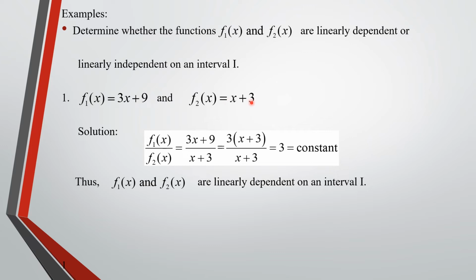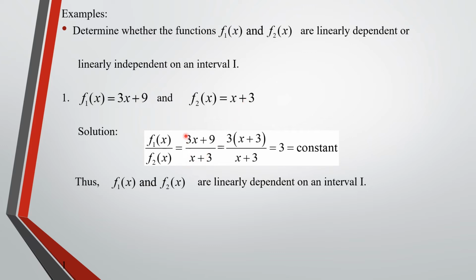Now we would like to find out whether these two functions are linearly dependent or linearly independent on a given interval I. What we have to do is to evaluate the ratio or the quotient of f1 over f2 or f2 over f1. So in my work here, I write down the quotient of f1 over f2. Now f1 is 3x plus 9 and f2 is x plus 3.